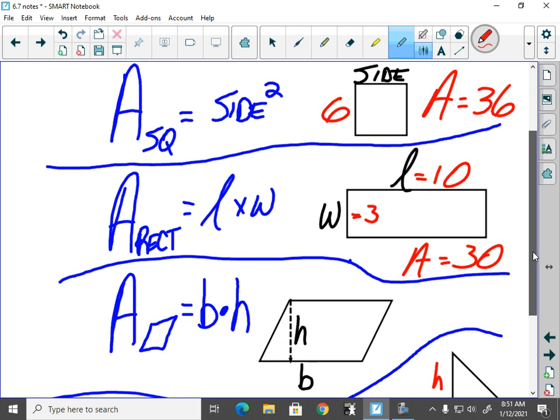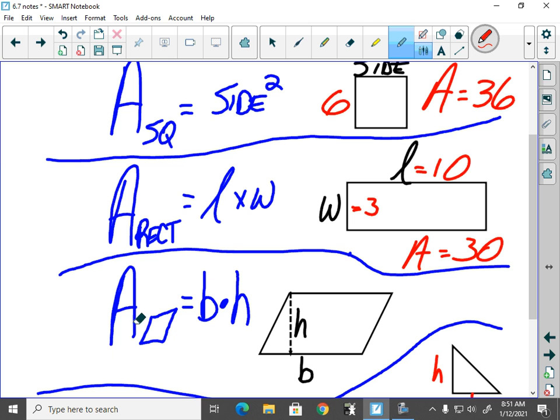Oh, okay. We're going to call this a parallelogram. Okay, so area of a parallelogram is base times height. It's almost the same thing as a rectangle. Close, right?